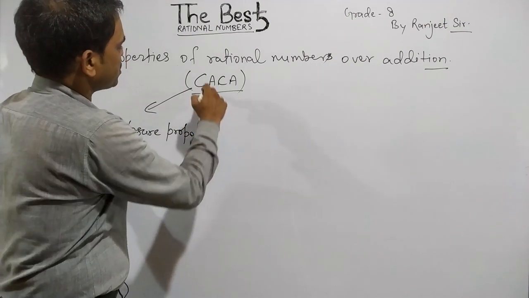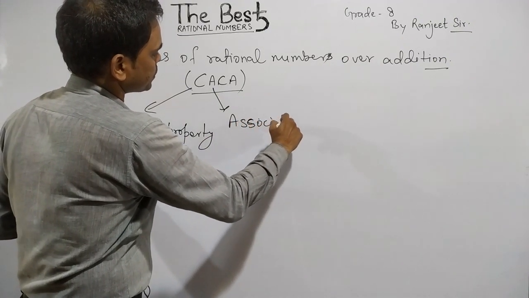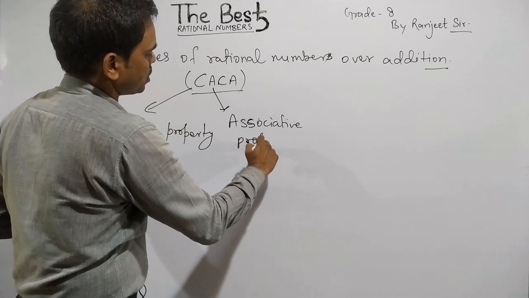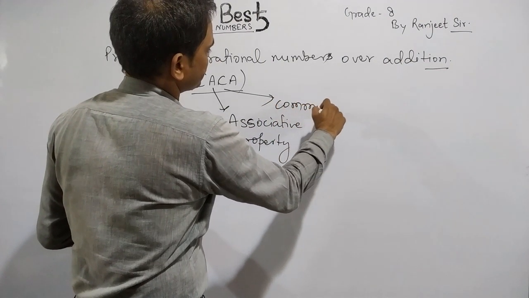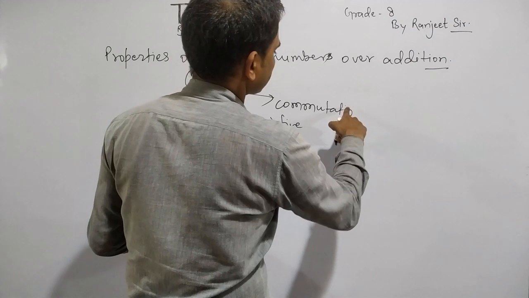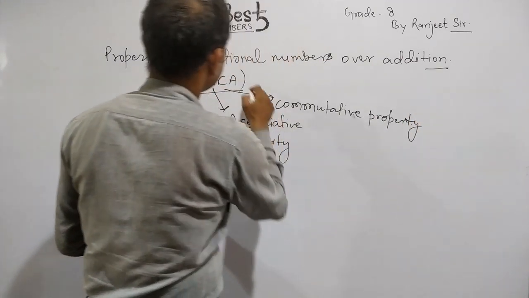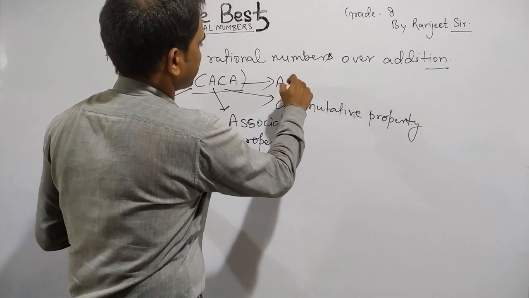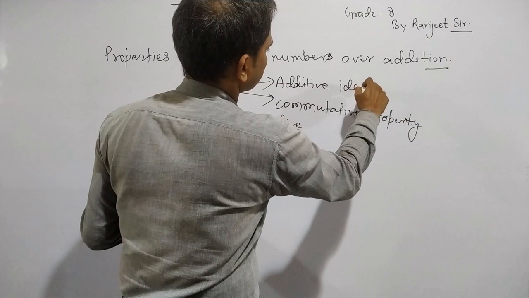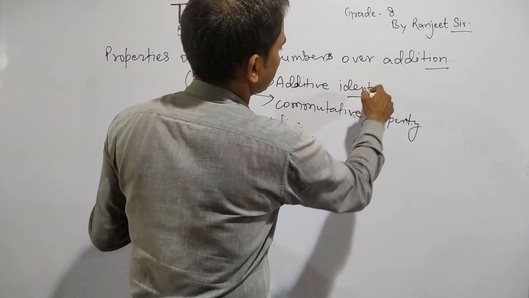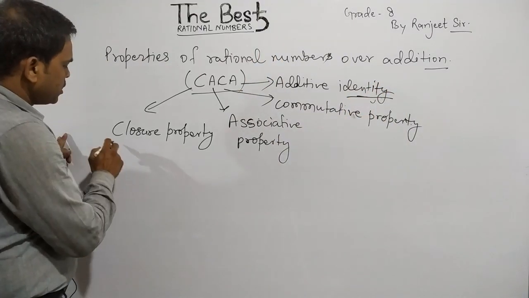This A is associative property. The next one, this C, is commutative property, and this A is additive identity.